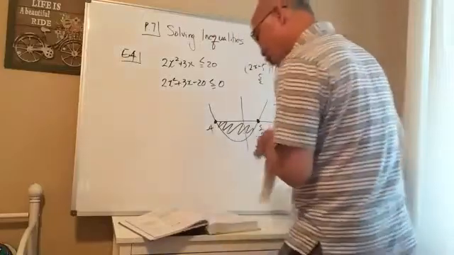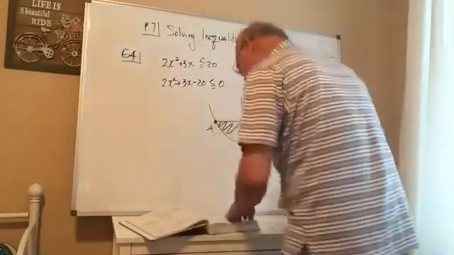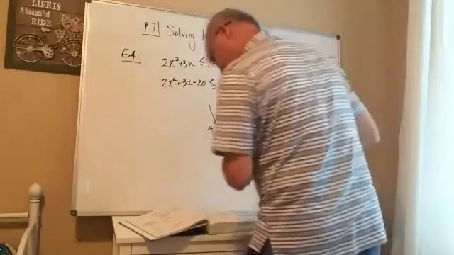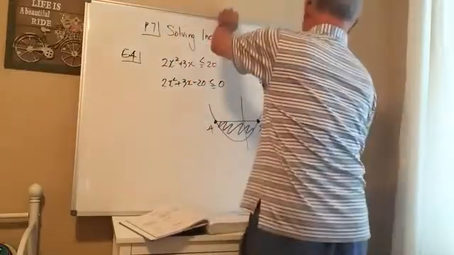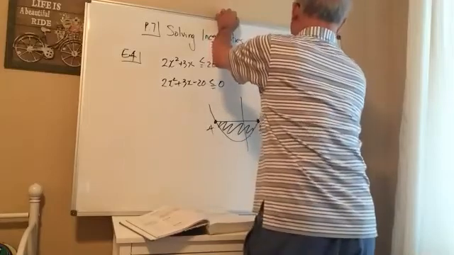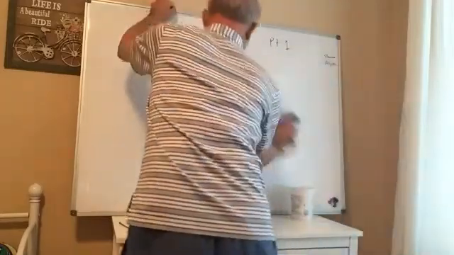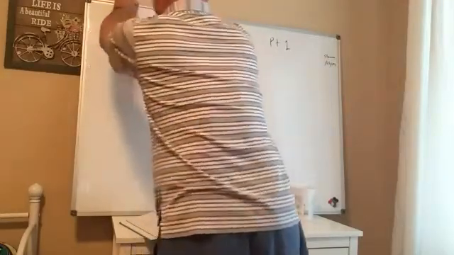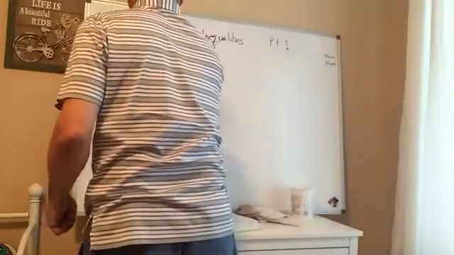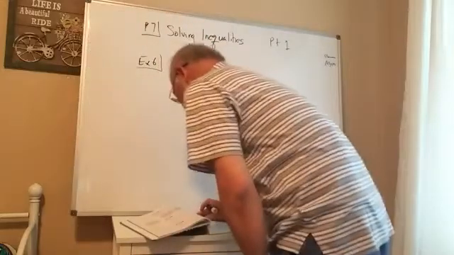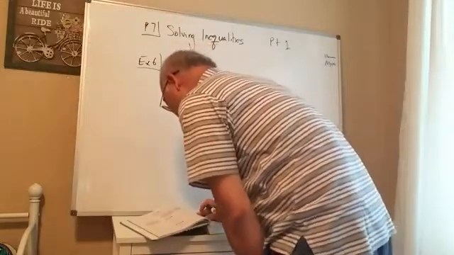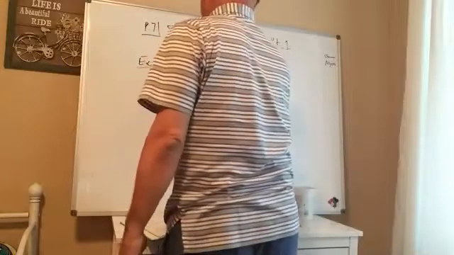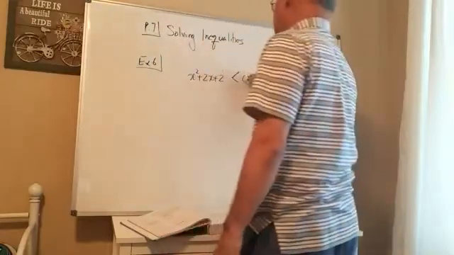Okay, let's do example number 6. Solve x squared plus 2x plus 2 is less than 0.